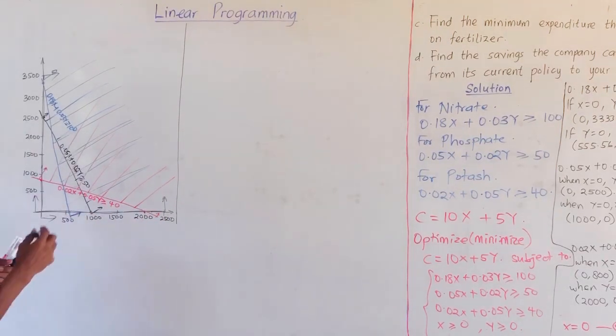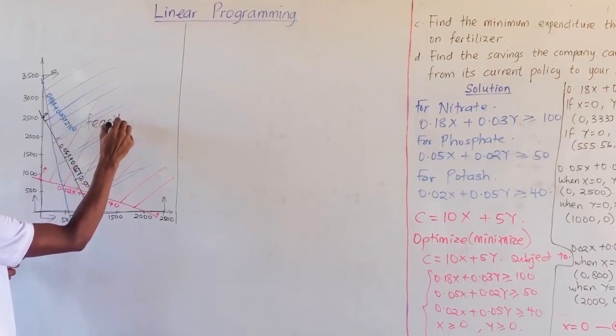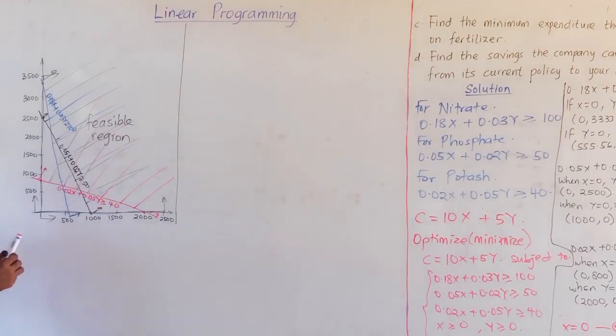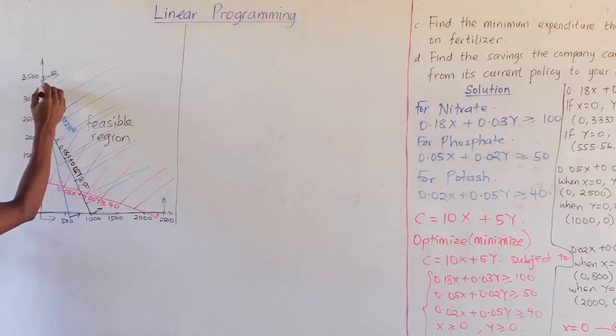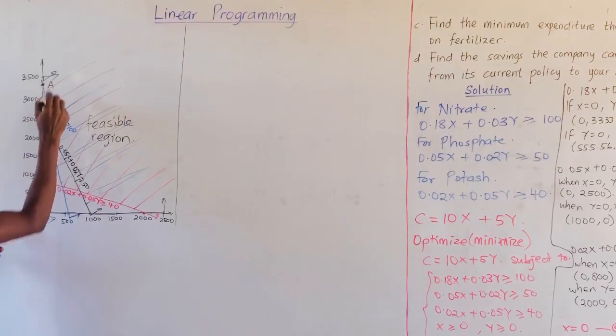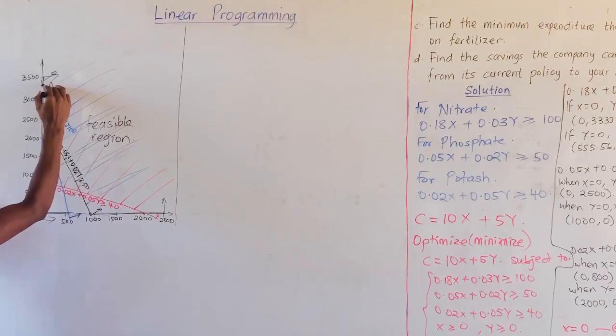So you will see that our feasible region lies in the outside and is bounded by these points. One, we will call this point A. Then this is our feasible region.